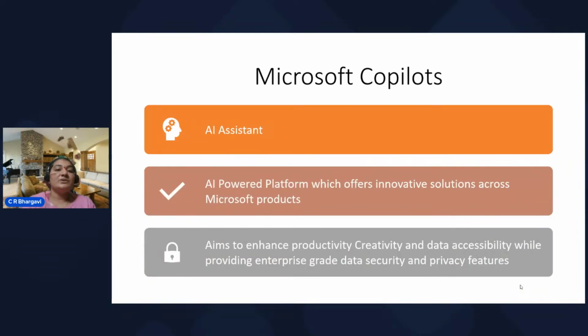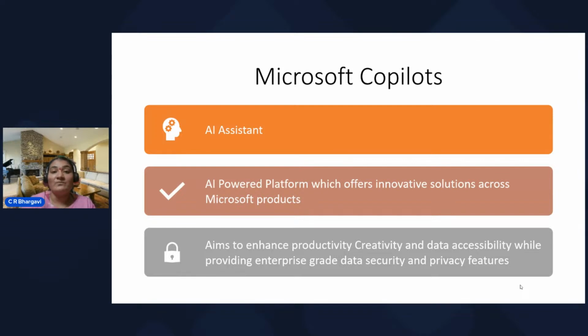Okay, so let's start from scratch with what Microsoft Copilot means. As the word Copilot states, it's like a pilot who is sitting next to the pilot, and they would be helping out, right?